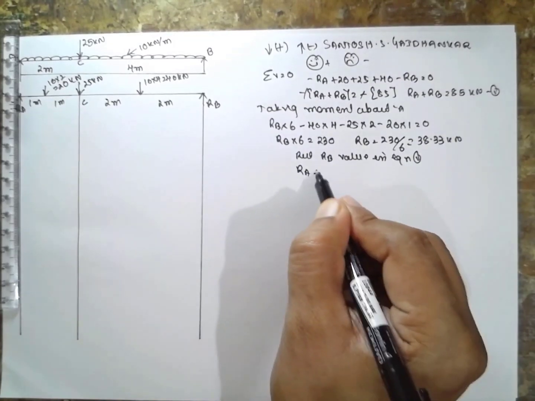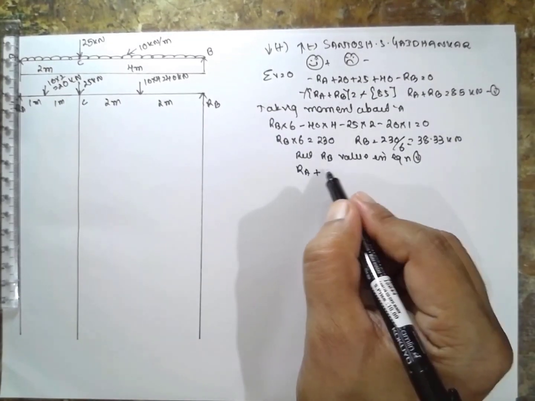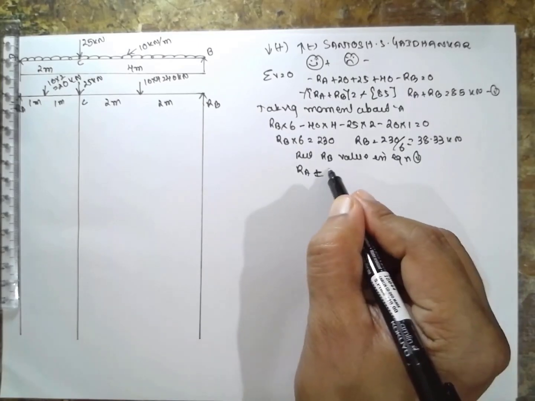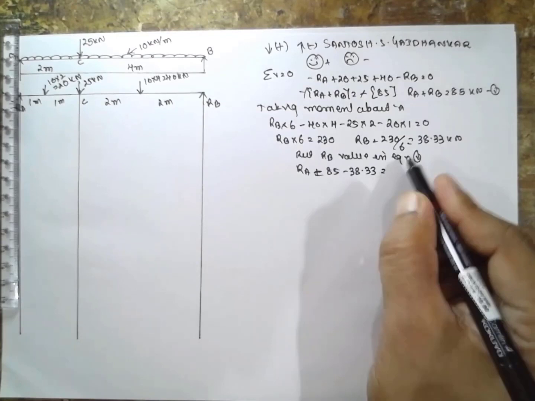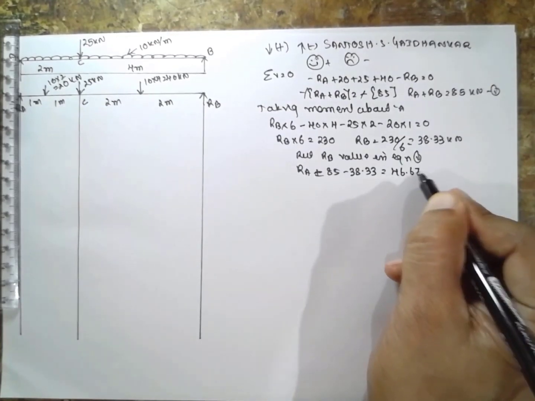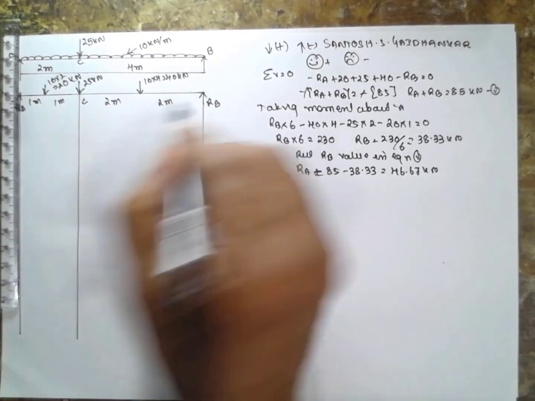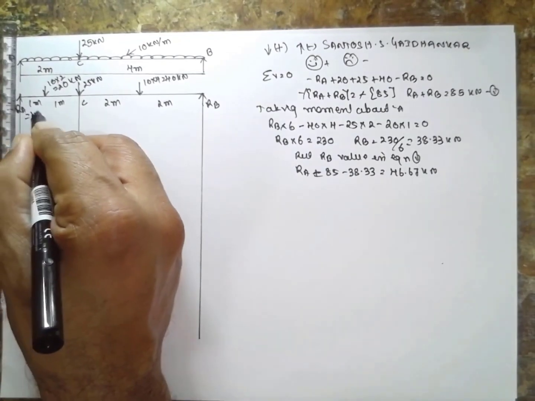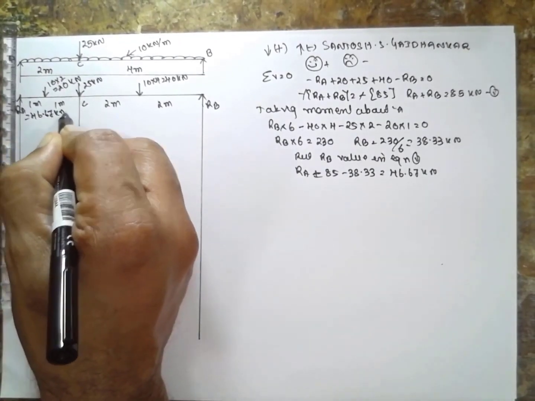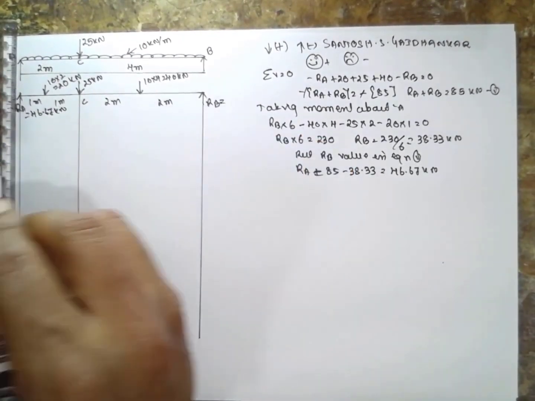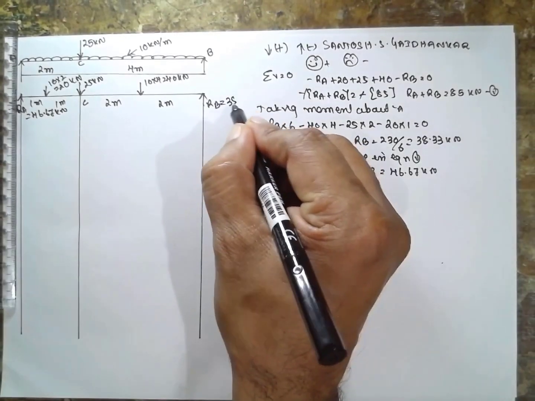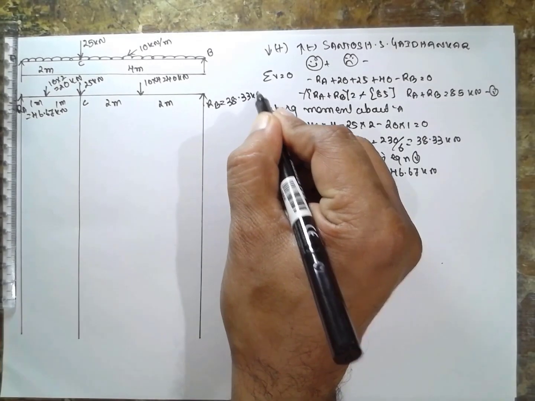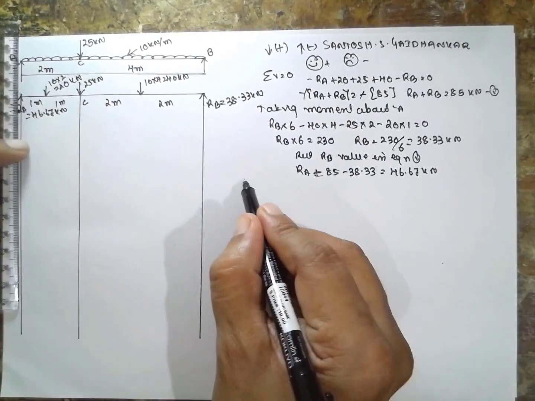RA is equal to 85 minus 38.33, which is 46.67 kilonewton. So RA is equal to 46.67 kilonewton, and RB is 38.33 kilonewton.